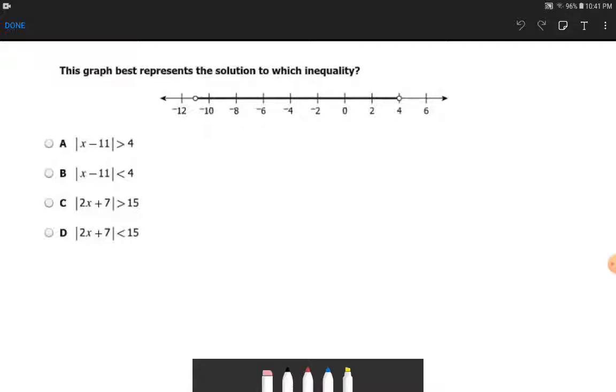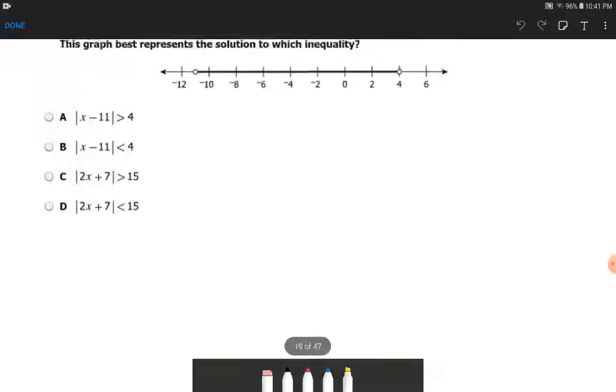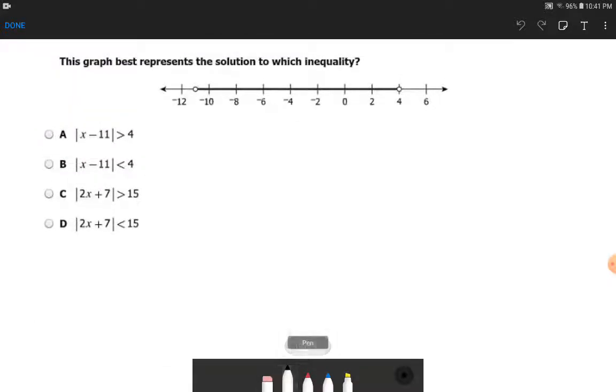Algebra II Virginia SOL. So first we are on question 16. The graph best represents the solution to which inequality? So first we see that this graph is an AND graph because it is a segment and does not go on forever, so that means the sign will have to be less than.